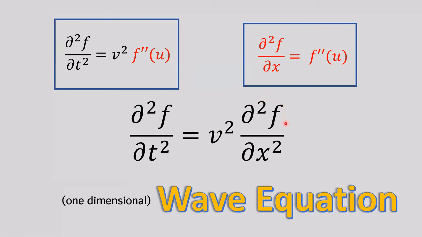Remember, first derivative with respect to position, that's the slope of the graph. Second derivative would give us the curvature. So that's kind of a nice way to think about it. We've related the acceleration of a particular particle in the string to the curvature of the string at that point. And we'll have more to say about that.